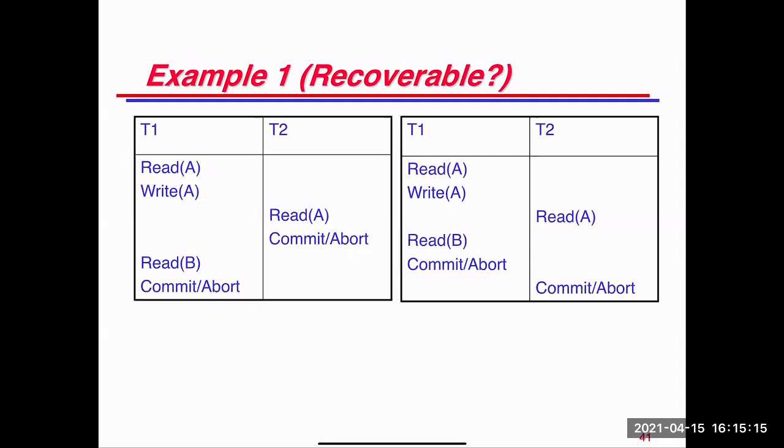And keep in mind that strict is the strongest condition, cascadeless the second strongest, recoverable the third strongest. And of course, if it's non-recoverable, then it's neither of the other three, because that means your schedule is neither strict nor cascadeless nor recoverable.